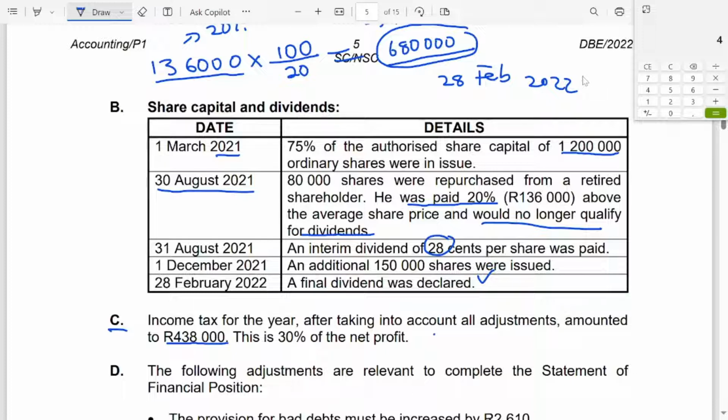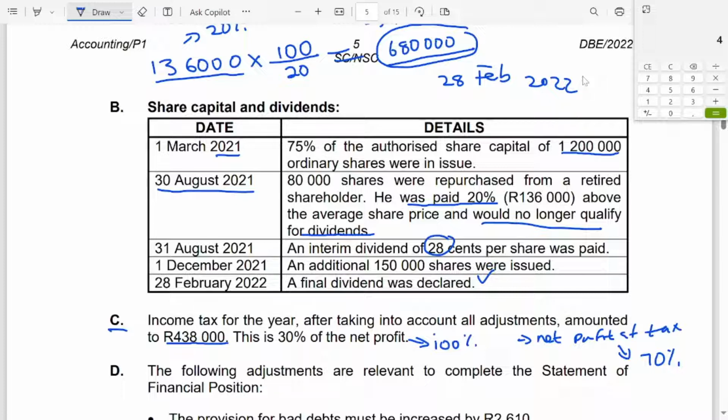Now remember, the net profit is 100%. And then the net profit after tax, because the tax has been subtracted, is now going to be 70%. Why are we saying 70%? It is because we have subtracted the income tax from the 100%. So now let's find the net profit after tax.